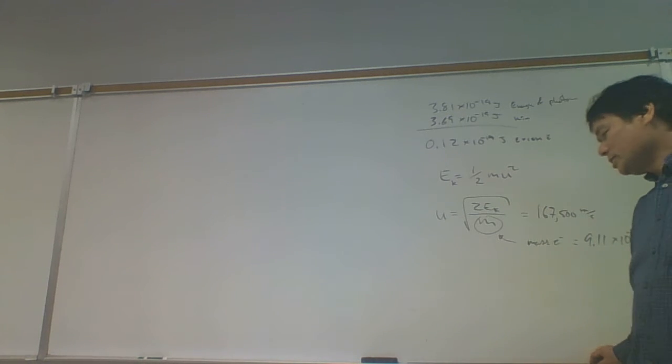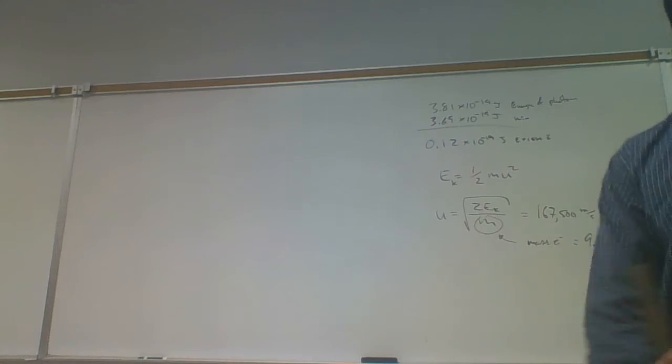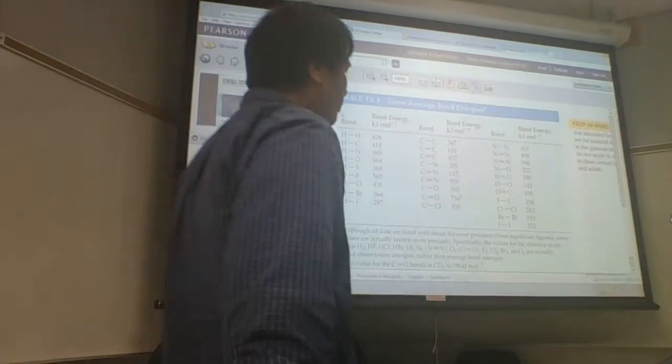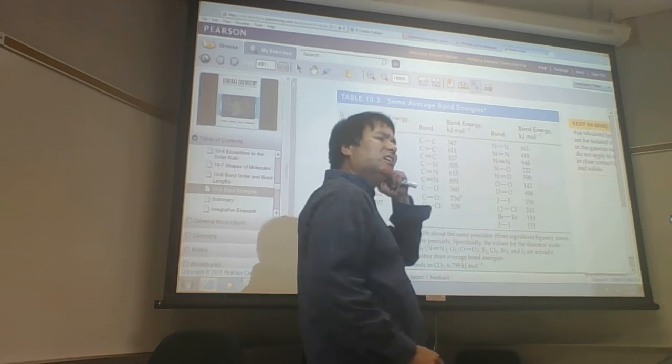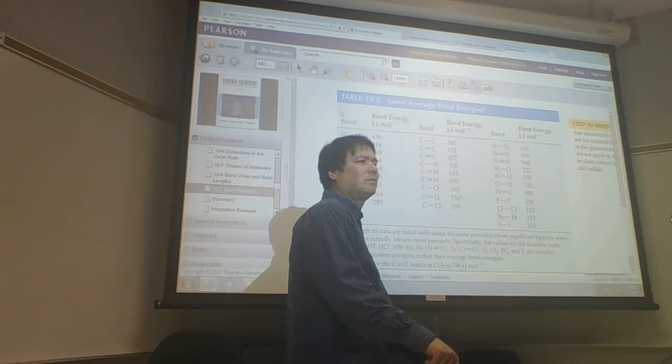Do you remember the energies in kilojoules per mole? What's red light in terms of kilojoules? It was like 157 kilojoules per mole, right? Yeah. And the violet was like 306 kilojoules per mole.